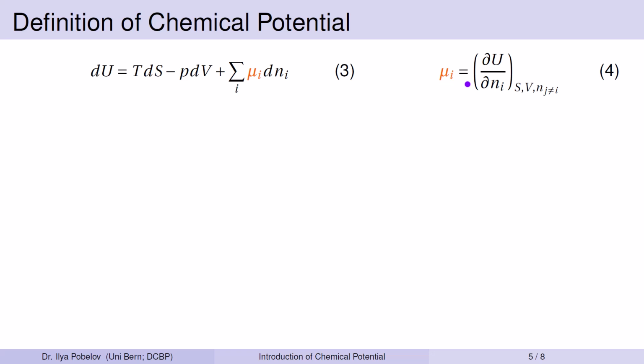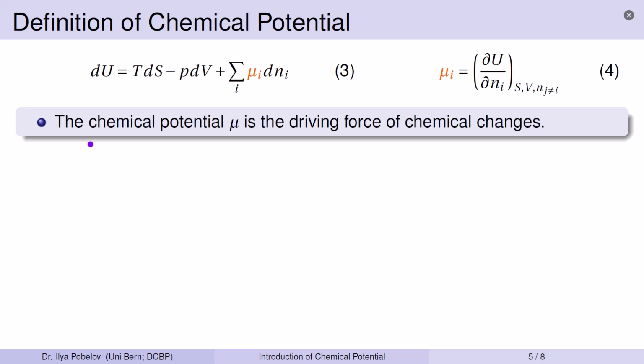The chemical potential mu_i for a certain species i is defined as the partial derivative of the internal energy of the system U with respect to the amount of substance of the species i, N_i, at constant entropy S, volume V, and the number of particles of all other species.